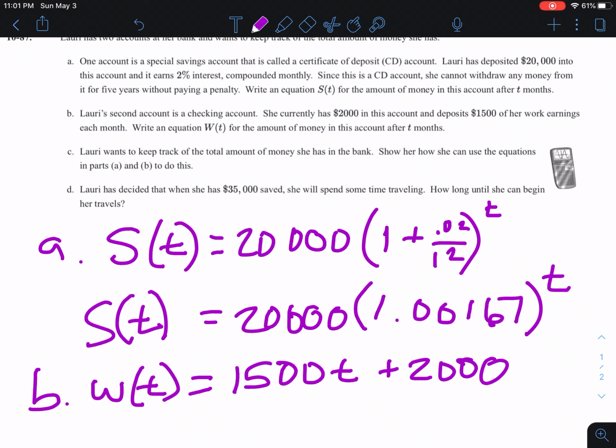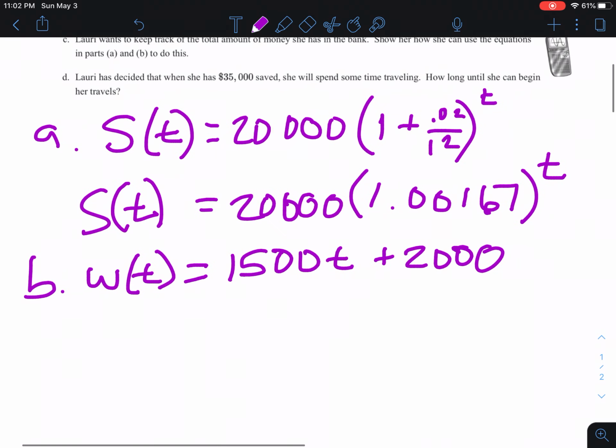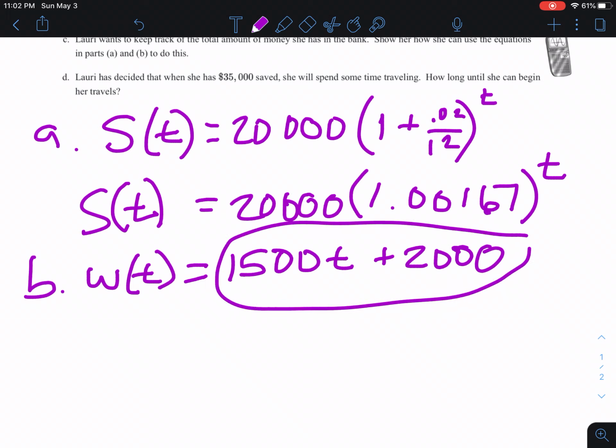And then for the third part of this, Lori wants to keep track of the total amount of money she has in the bank, so the two bank accounts combined. What we're going to do is take this part here and add it to this part. They're not like terms, so it's going to go right next to each other.